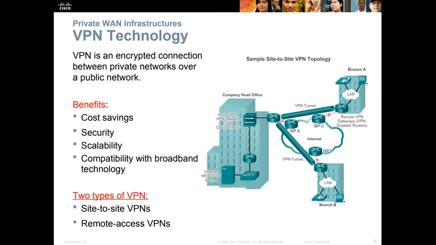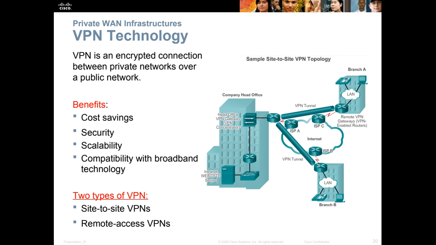VPN, we will have a dedicated lab on VPN, by the way, inshallah. I think it's lab number 10, around the end of the semester. VPN is an encrypted connection between private networks over a public network. And you can connect your LAN to another LAN, site to another site, over the internet.